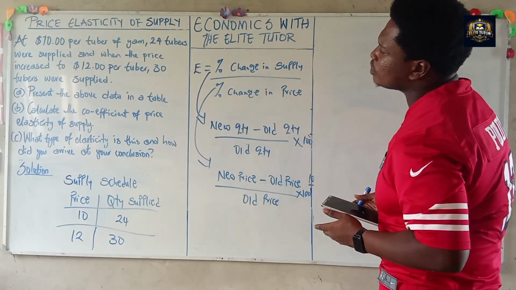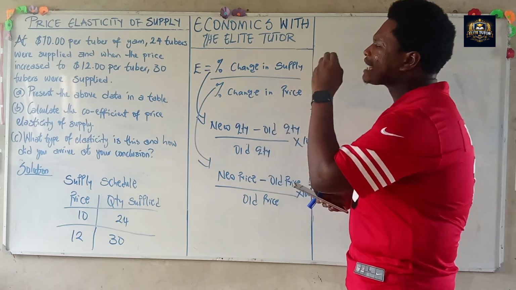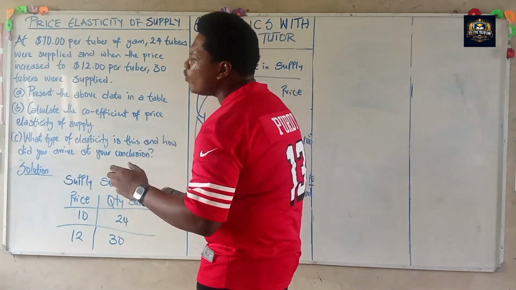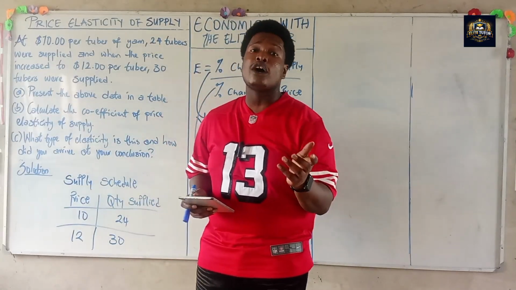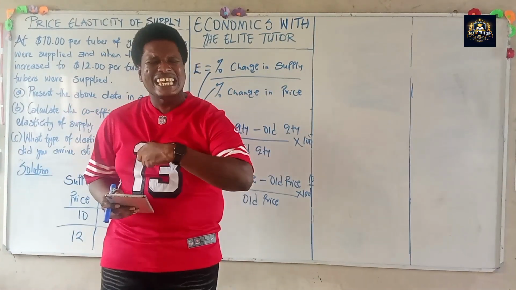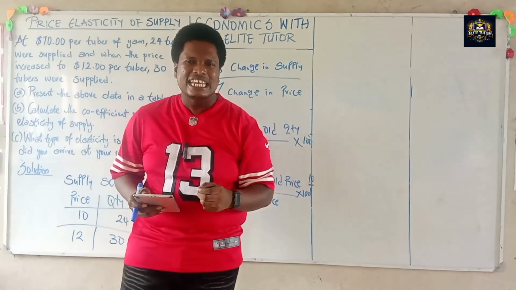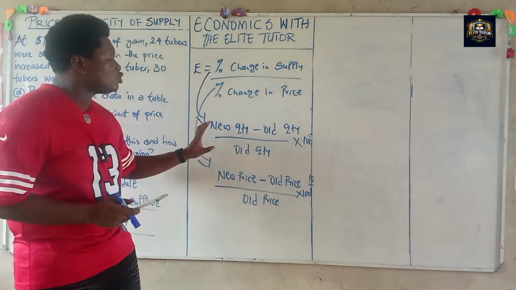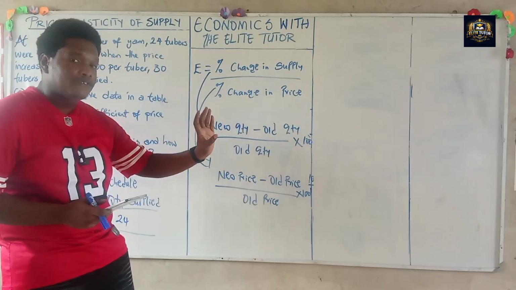The B part is asking us to calculate the coefficient of price elasticity of supply. You cannot calculate the coefficient of price elasticity of supply without determining the percentage change in quantity supplied and the percentage change in price. And for you to do that, I've been able to show you the short formulas.